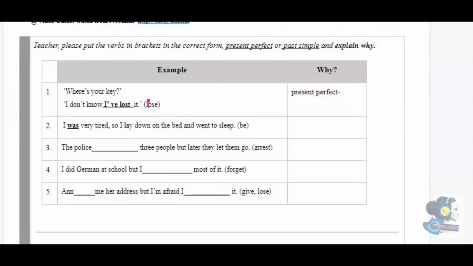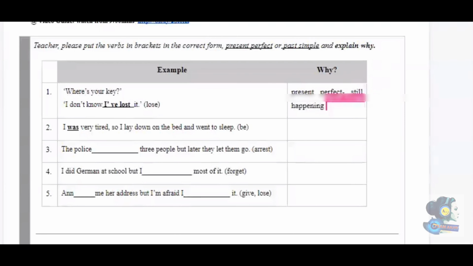Now, let's turn to number two. Can you please read? The base form of the verb is be, and you're correct. It should be was very tired. Now, can you guess what the correct form is? Is it present perfect or past simple? It's fine.